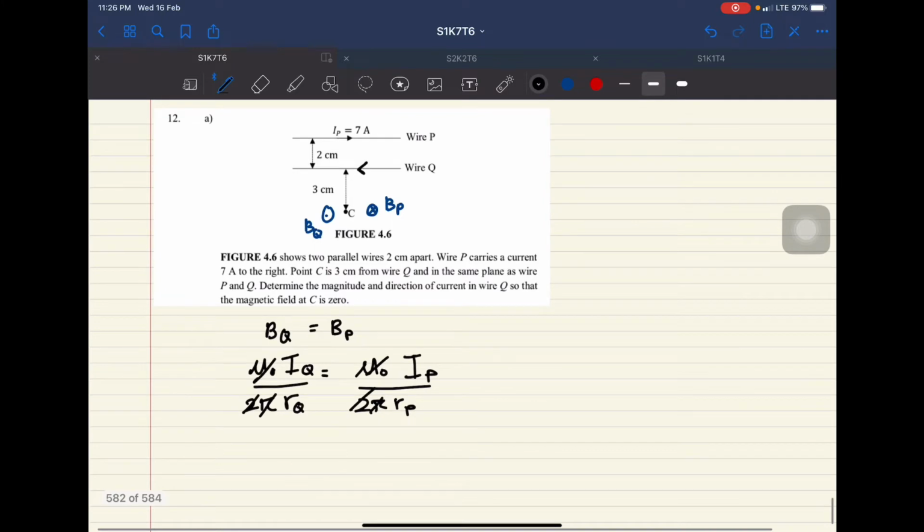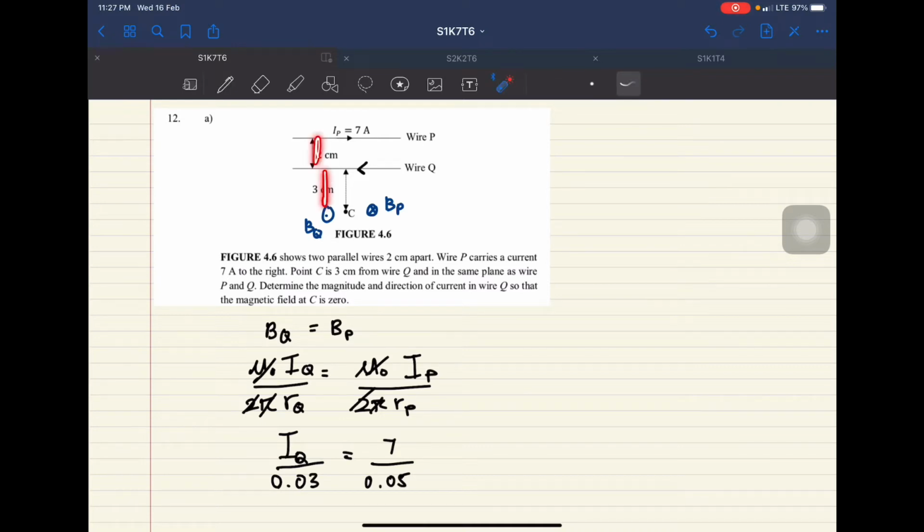So I_Q is the one that we want to find, but we do have the values for the distance there. It is 3 centimeter from wire Q, right? So the r is 3 centimeter, if you want to change to SI unit, and then I_P is 7 divided by 0.05, because you have to add 2 centimeter and 3 centimeter there, because it should be the distance from the wire to that particular point.